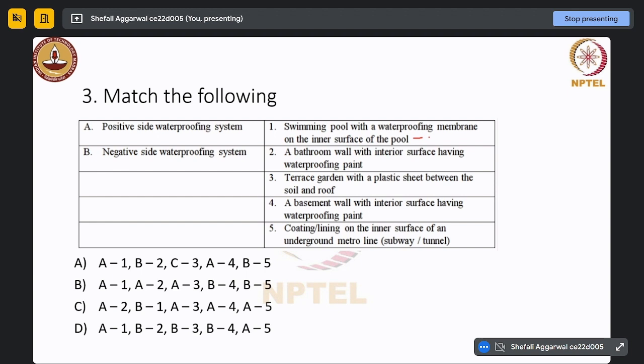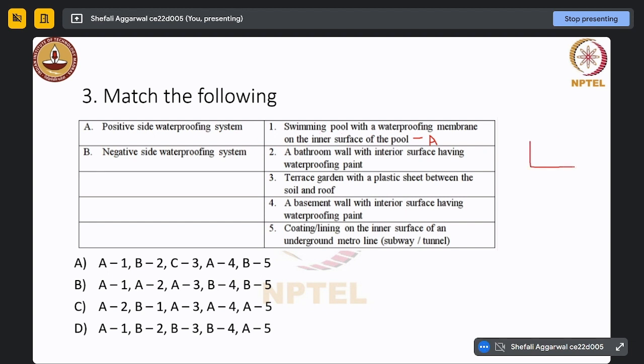You want to guess? It is a positive side waterproofing. Even if it is on the inner surface of the pool, why are we saying it is a positive side waterproofing system?